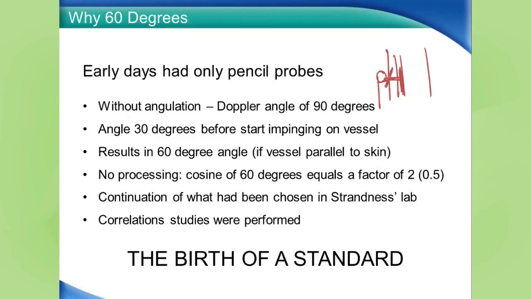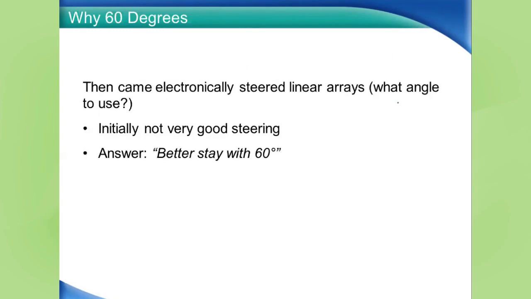Well, it turns out we can angle the probe about 30 degrees into the neck before we start to impinge on the carotid. If you angle about 30 degrees, that creates about a 60-degree angle. And there comes our 60-degree angle again, right? And again, the math is easy. So a whole bunch of work was done, correlation studies were performed, and hence the birth of the standard 60 degrees. That's where 60 degrees came out of.